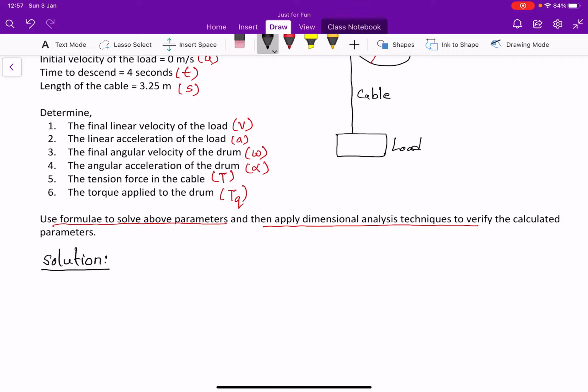So I'm going to say here, as we are trying to find the final linear velocity, which is v, on my left hand side I'm going to use formula, and on the right hand side I'm going to use dimensional analysis technique.